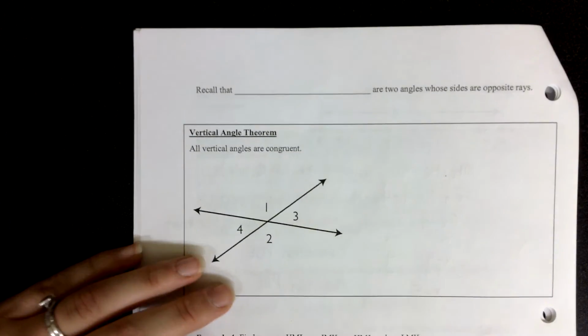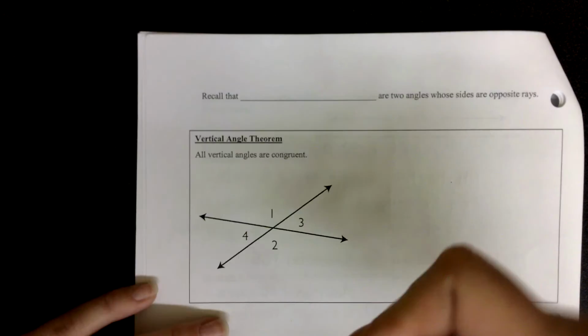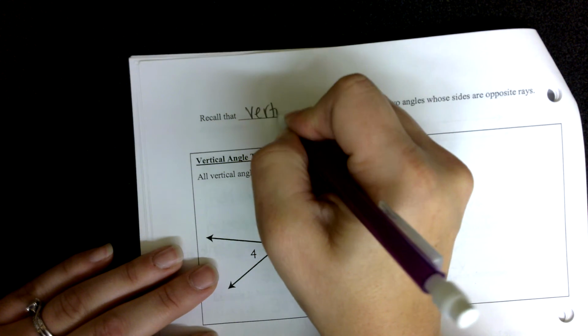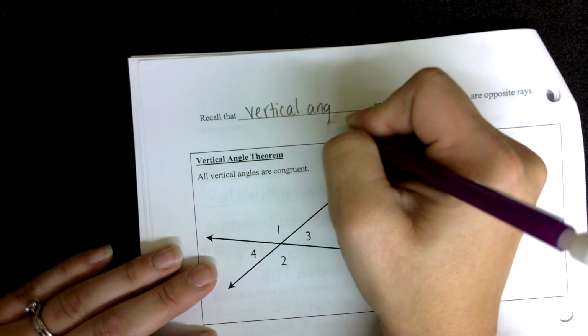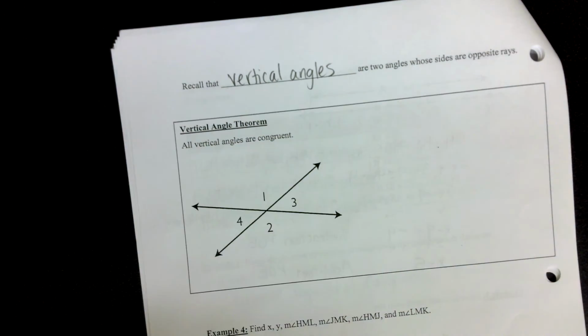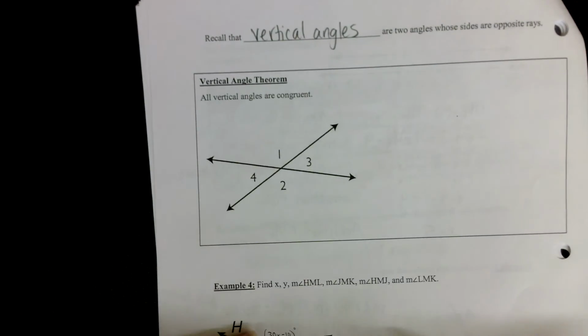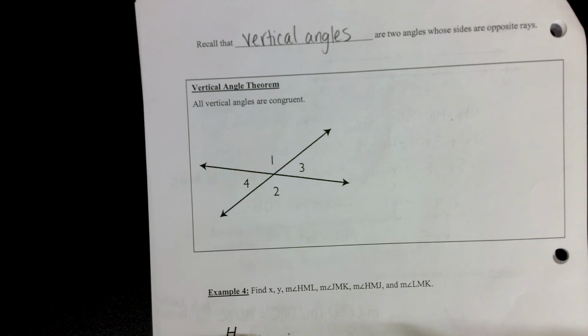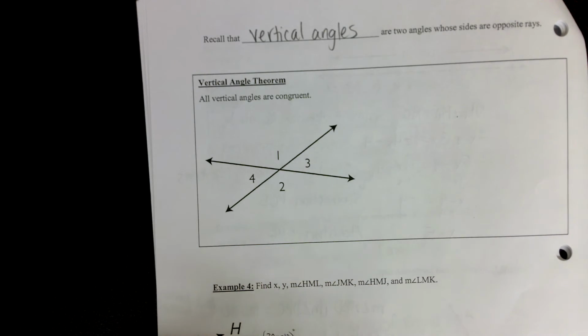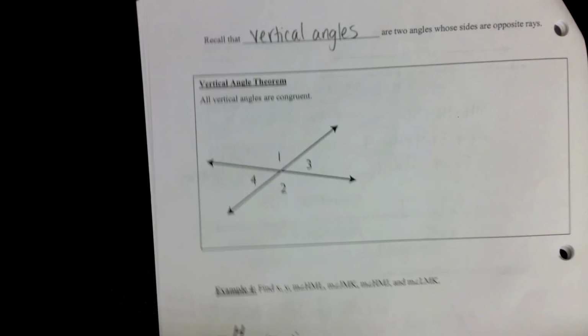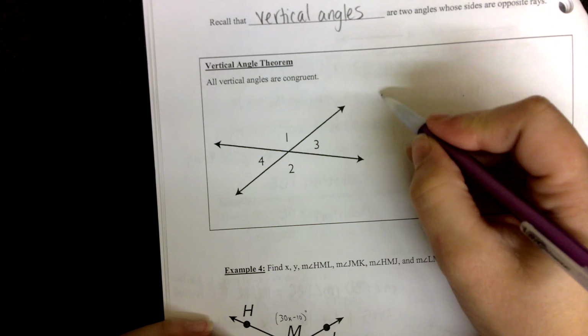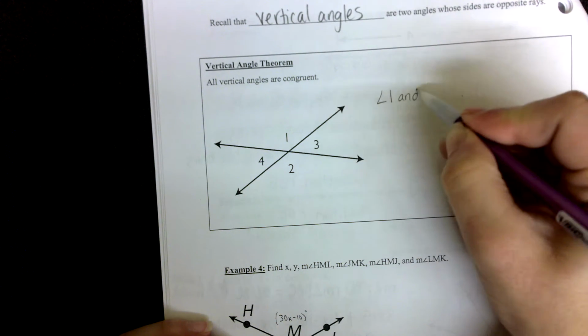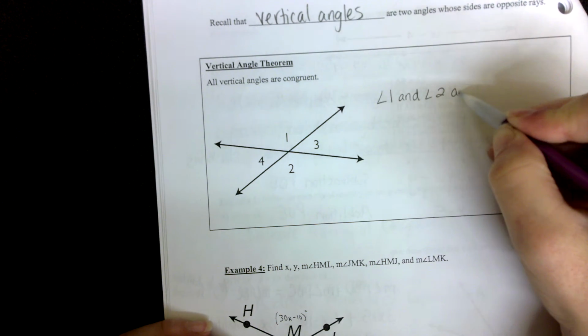And now we go to the last page. So it says, recall that vertical angles are two angles whose sides are opposite rays. So the vertical angle theorem says all vertical angles are congruent. If you look at the picture here, angle 1 and angle 2 are vertical angles.